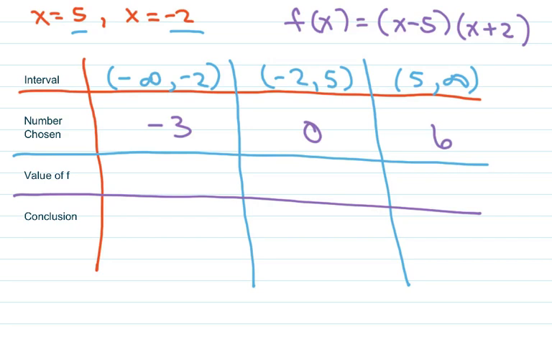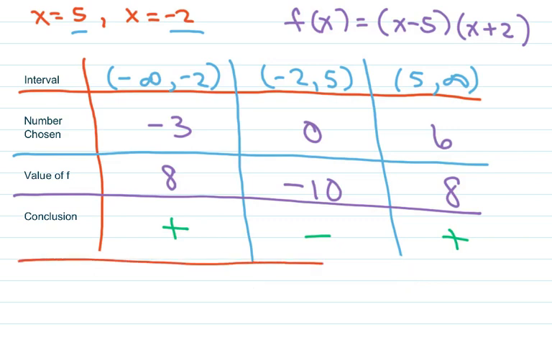So when I plug in negative 3, I get 8. When I plug in 0, I get negative 10. And when I plug in 6, I get 8. Well, 8 is a positive number, negative 10 is negative, and 8 is positive. So for my solution set, I want this to be positive.